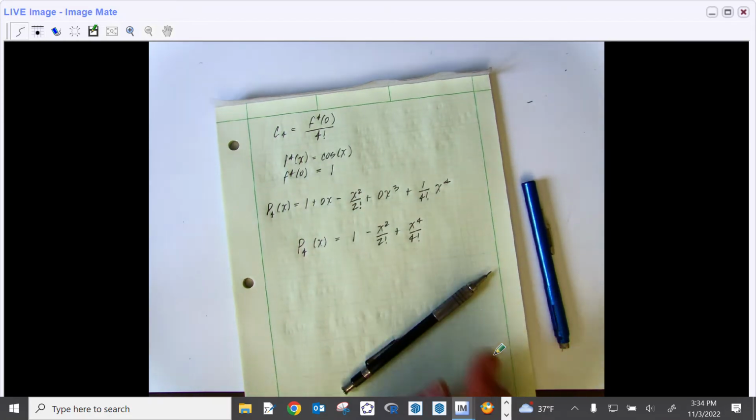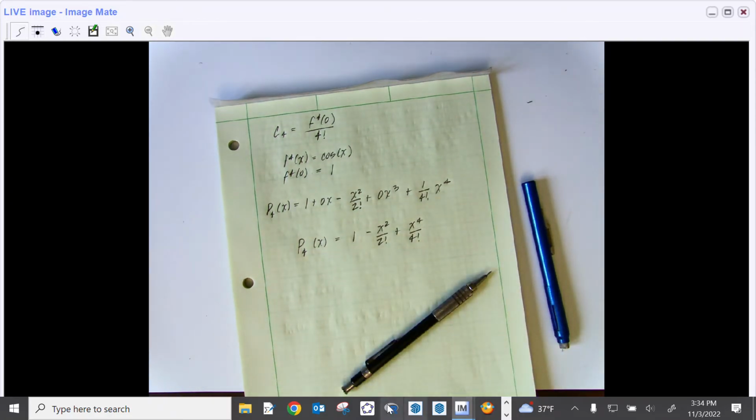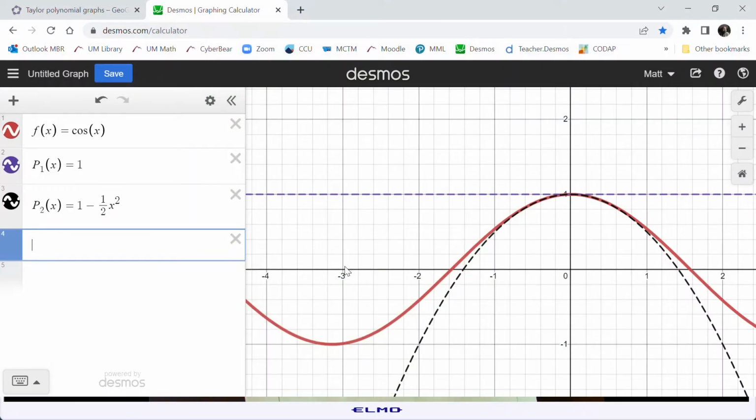So let's take a look and see how this fits on. So we know that the 3rd degree Taylor polynomial is the same as the 2nd.